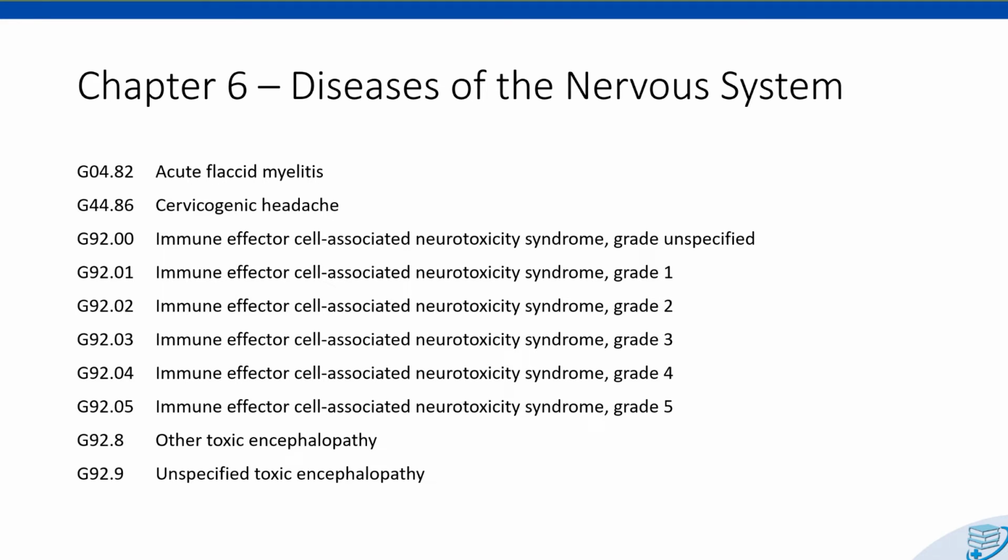Having the diagnosis codes associated to stage is really going to help hospitals and clinicians explain why there may have been a different patient care delivery, why they may have had different resource consumption, why they may have been in the ICU, for example, or gotten more complicated drugs because they're at a higher grade. And now we also have different codes for encephalopathy: other toxic encephalopathy and unspecified toxic encephalopathy.